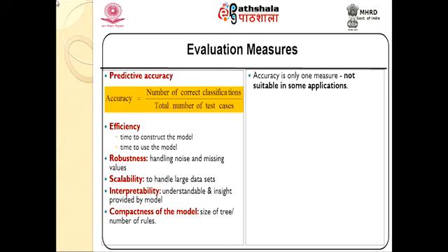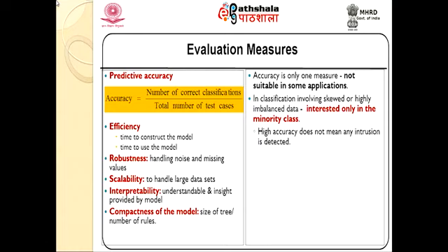So, there are some other cases in classification, such as highly unbalanced data, that is interesting, where we are interested in finding out the minority class only. High accuracy does not necessarily mean that you have detected things that belong to the minority class.